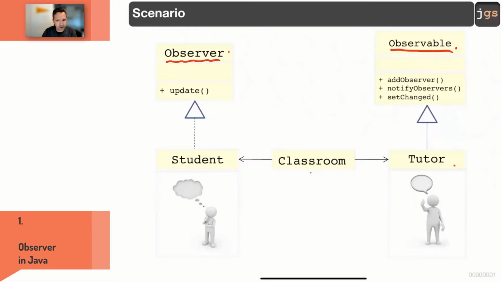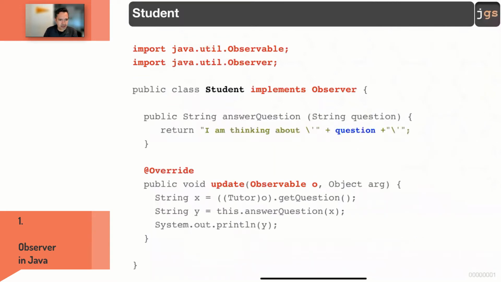Those two classes are in the same package, java.util. You have the class Observable in java.util and the class Observer in java.util. When you want to use the observer pattern, the only thing that you need is to include those imports in your programs, and with that you get access to these two classes.